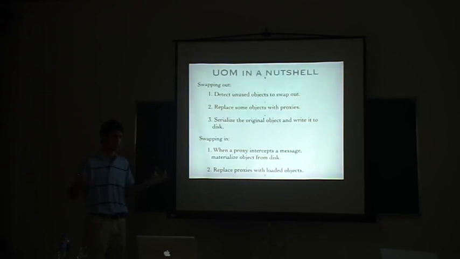Because our final goal is to use less memory. It's just to leave in the image the objects that are already being used. And then the contrary process, which is swapping in, is that when one of those objects happens to receive a message, so something that I swapped out which finally was needed, the process intercepts the message and loads back what was swapped out.